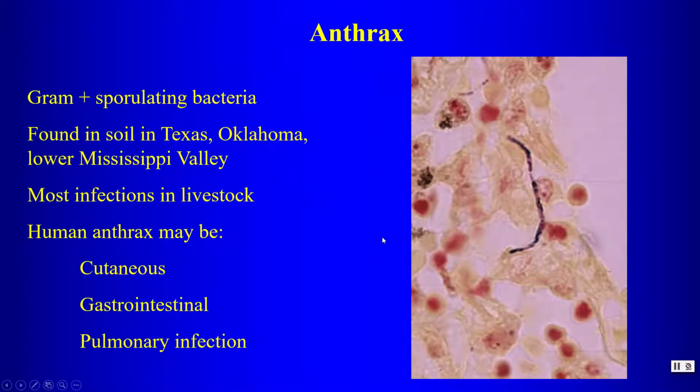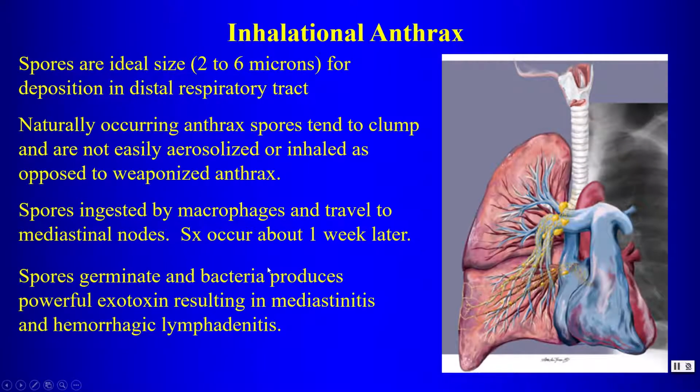So anthrax a number of years ago was in the news because of terrorism and this being spread through the mail. In most cases, if it's acquired in the environment, most cases are cutaneous or gastrointestinal, so pulmonary infections are less common.